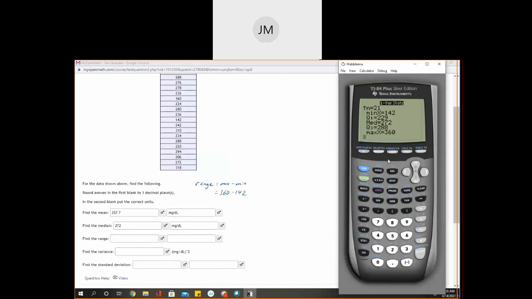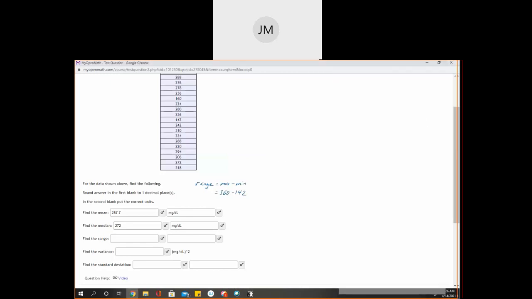We have to double check that. 360, 142, good. So I subtract those, and I believe I get 218. And again, since I'm subtracting, the units stay the same.